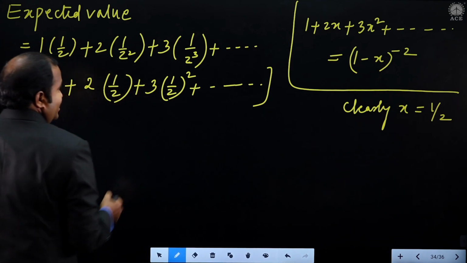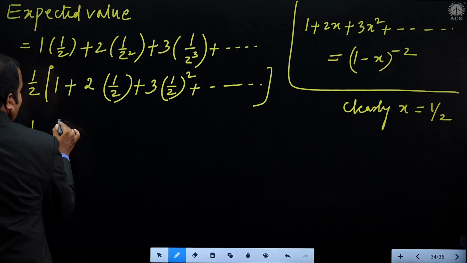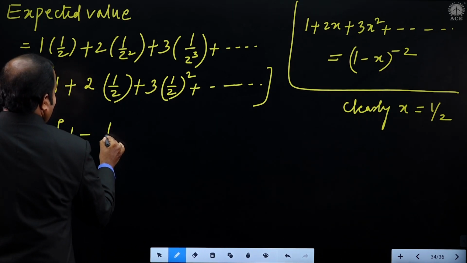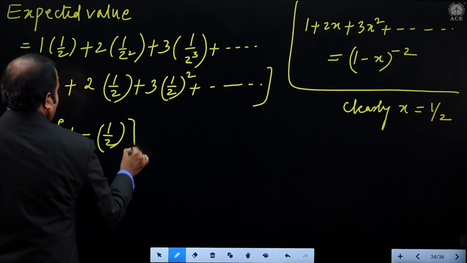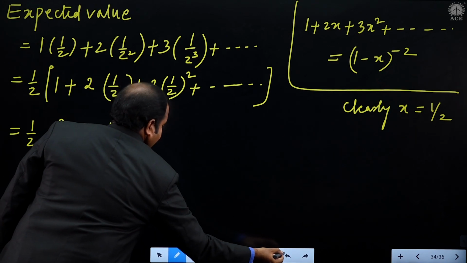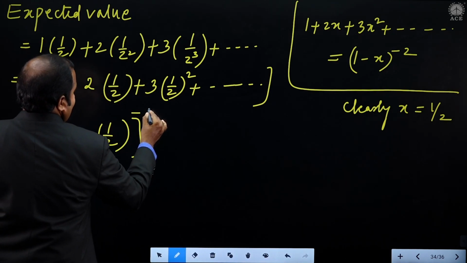Therefore this infinite summation is equivalent to 1 by 2 into 1 minus x, that means 1 by 2, whole power minus 2.